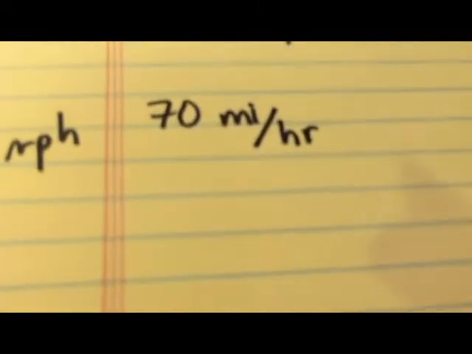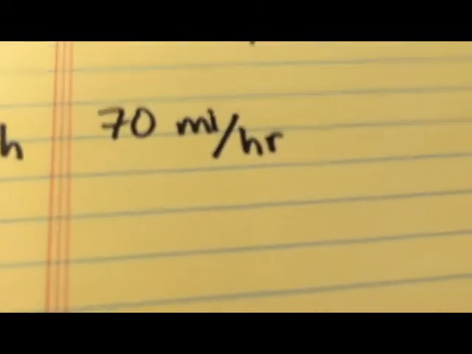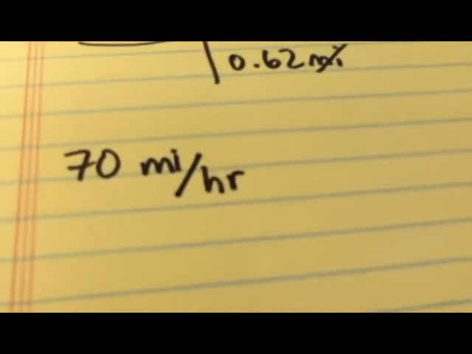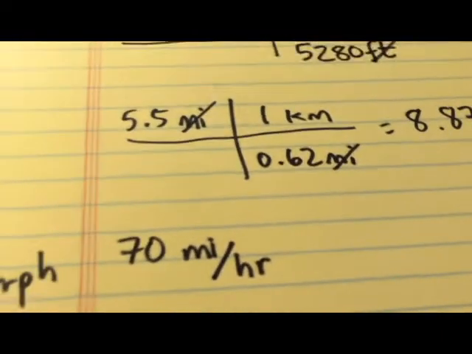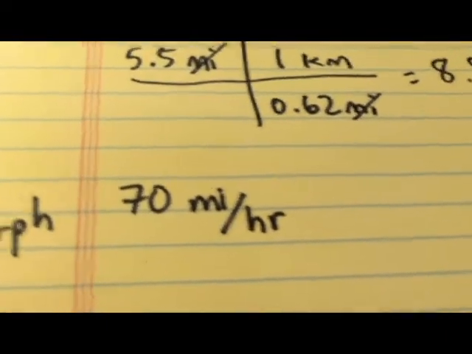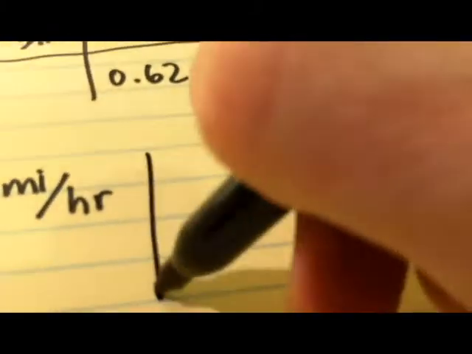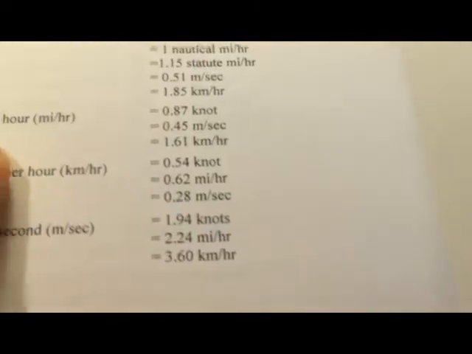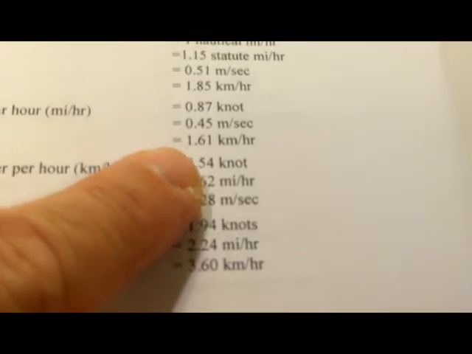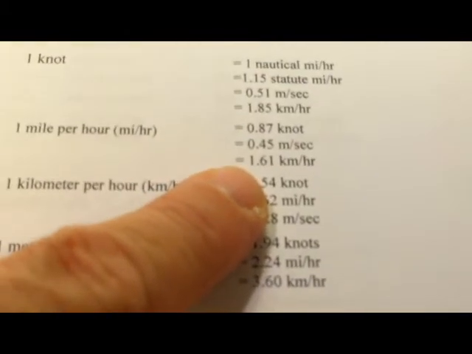Let's say you wanted the equivalent speed in Europe. In Europe they don't use miles per hour, they use kilometers per hour. So again, we'd do our fence and rail and look up the conversion. It says that 1 mile per hour is the same as 1.61 kilometers per hour.